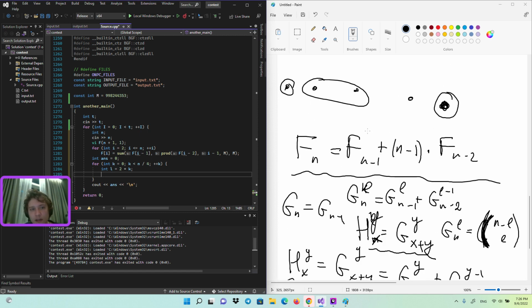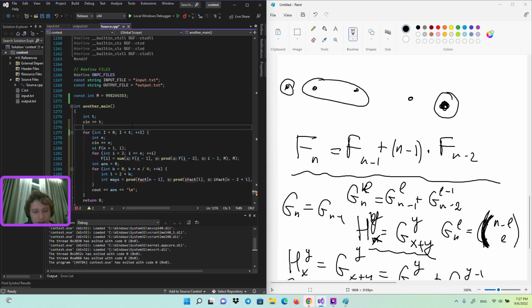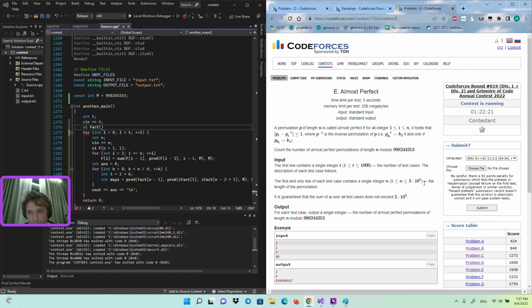First of all, we choose l pairs, and we can do it this number of ways: product of factorial of n minus l and product of inverse factorial of l and inverse factorial of n minus 2 times l, modulo m. We have to find these factorials.